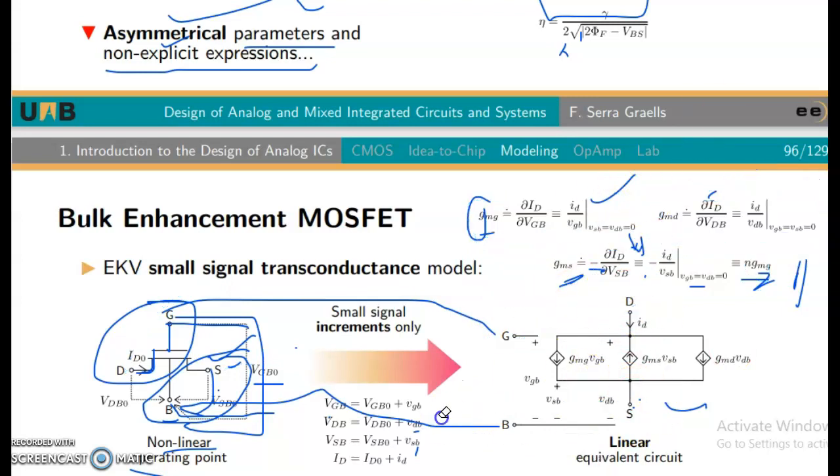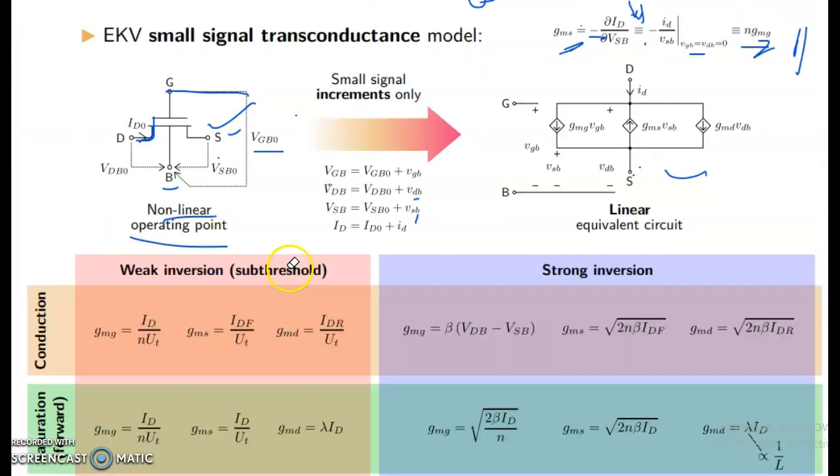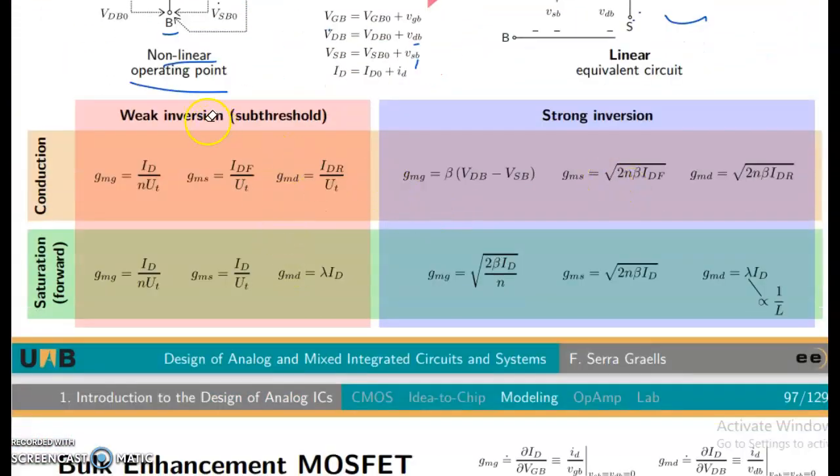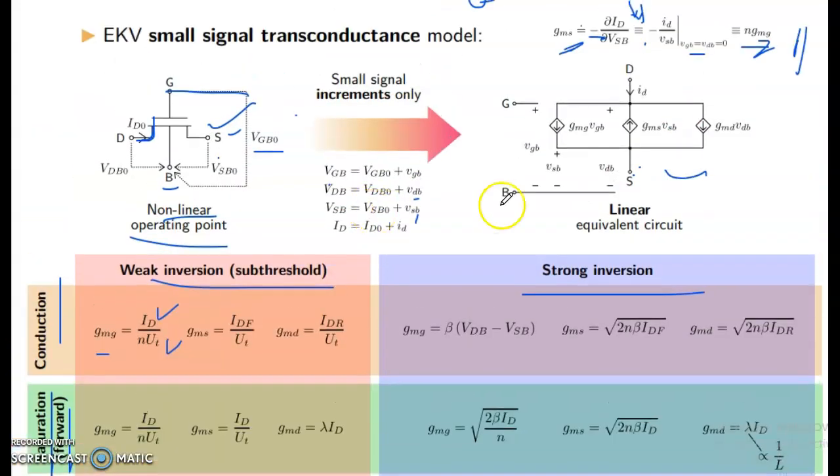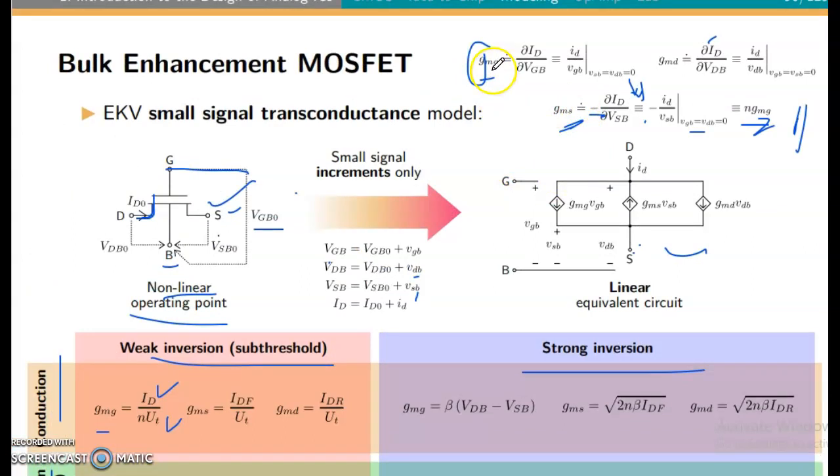Okay, then in weak inversion, subthreshold, here strong inversion. In weak inversion, GMG is ID divided by n times UT, this value.